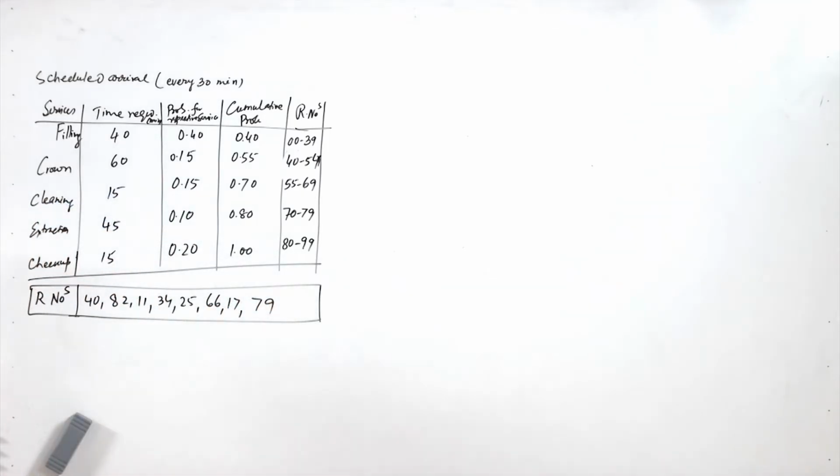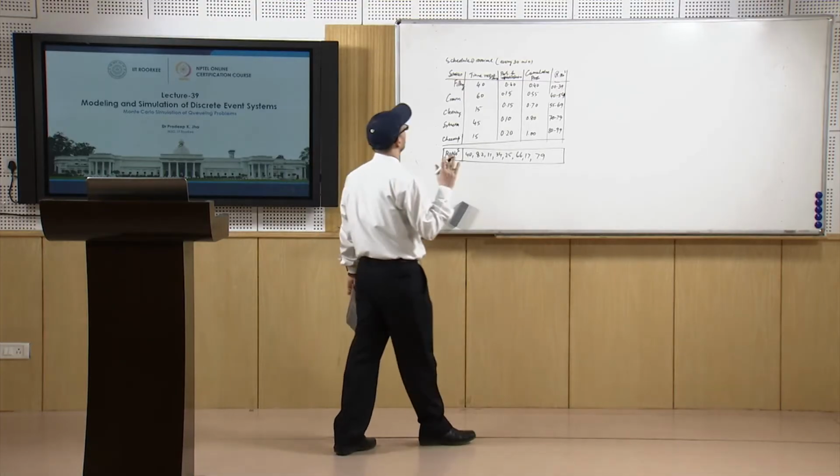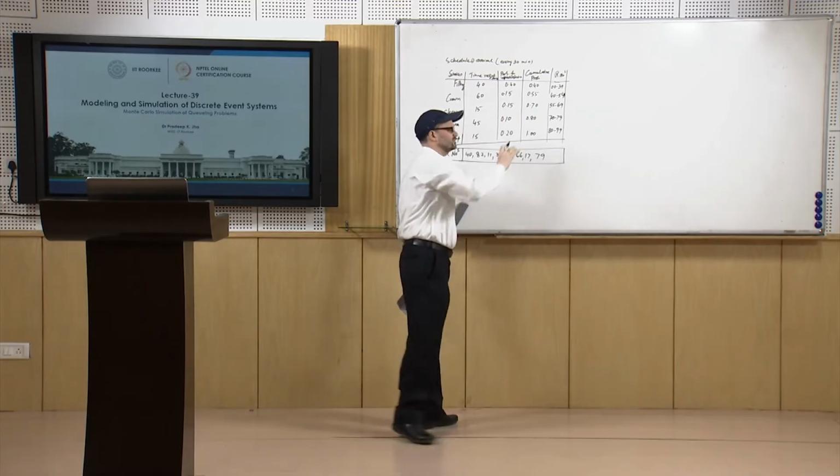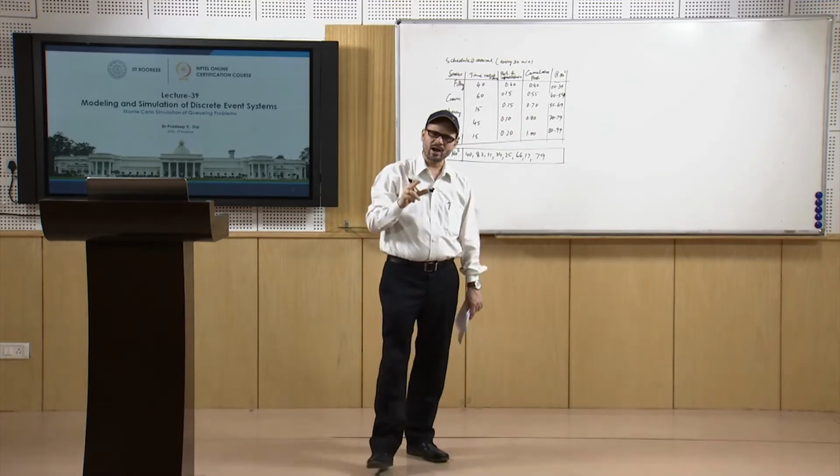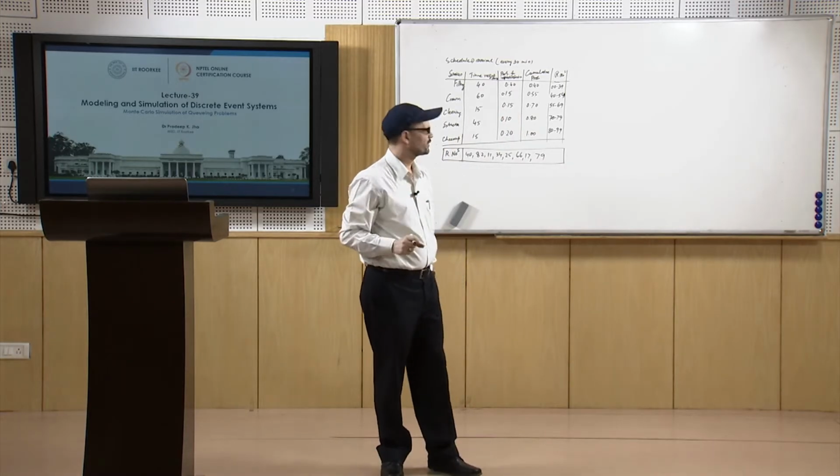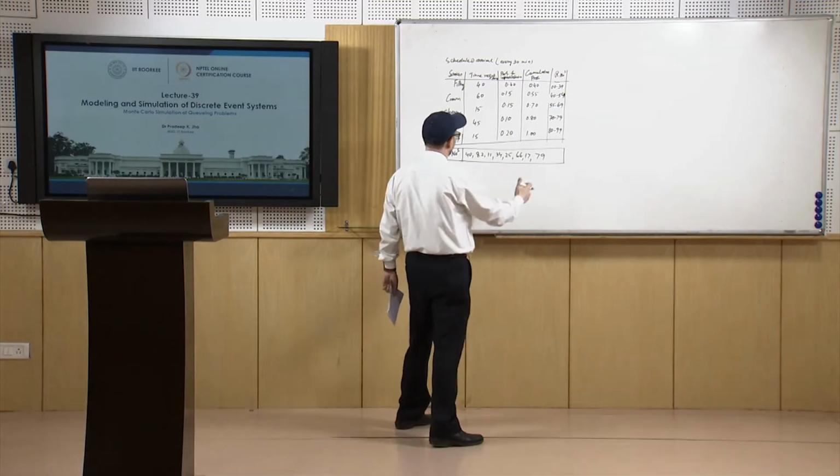Suppose these are the random numbers used for knowing what kind of service will be required by the patient from the doctor.